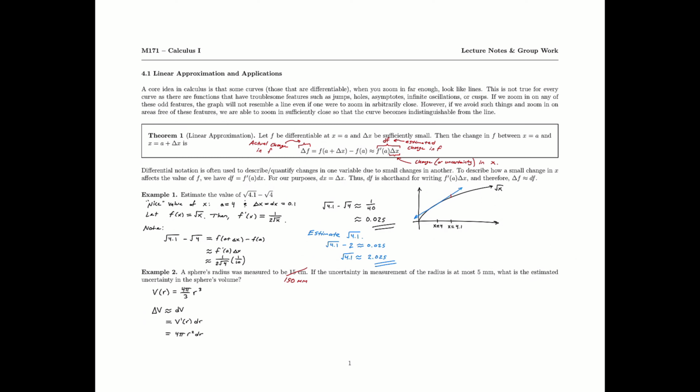So what we want to know here is, what is this approximately equal to when we've already measured it to be 150 millimeters or 15 centimeters. So if we actually do this at that precise value, so this would be at r is 150 millimeters, then we're going to get 4 pi 150 squared times our dr, which is 5 millimeters.